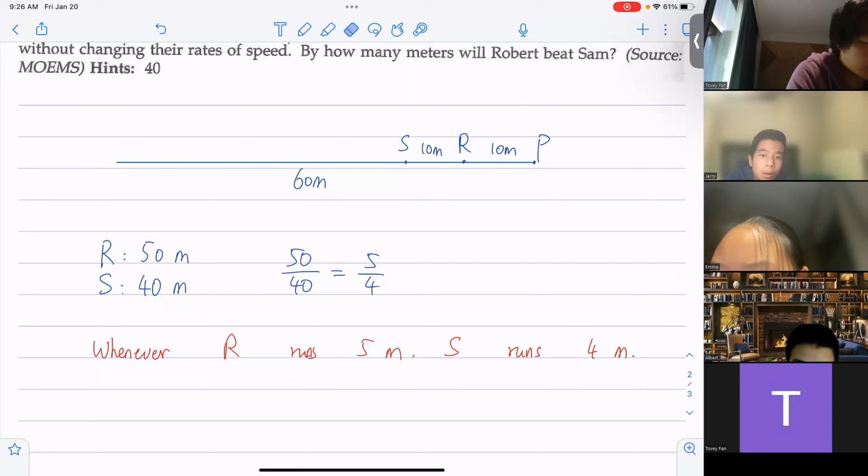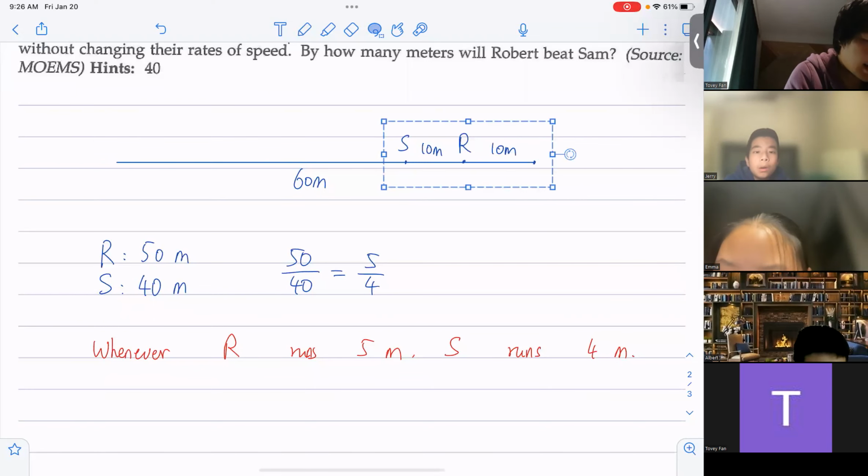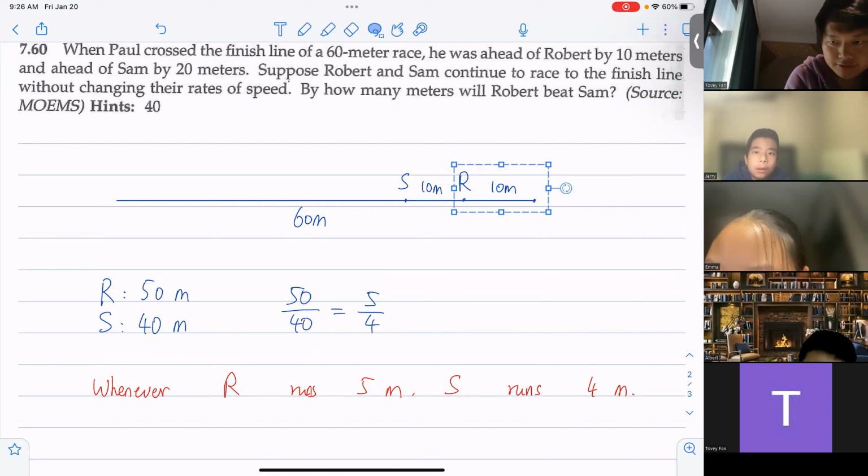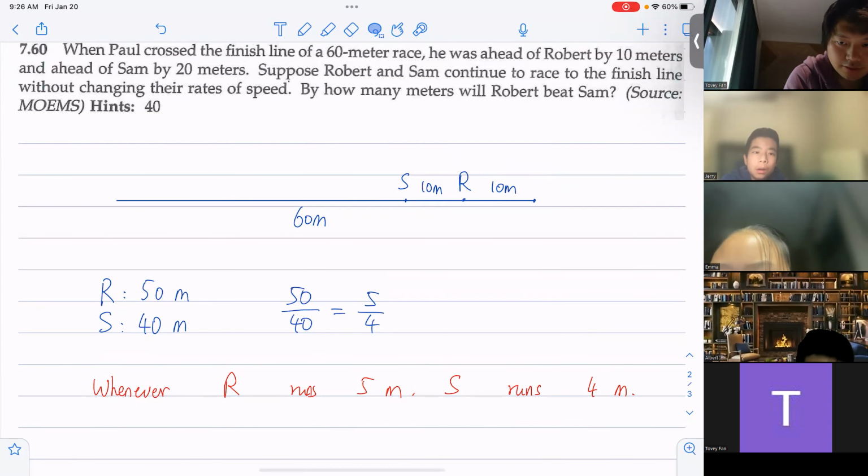Now Paul is out of the picture, right? Paul has finished. We just wipe him out. So look at the diagram. The question is asking, when Robert finished the race, how many meters is Sam behind him, right? So the question is, how many more meters does Robert have to cover? When Paul finished, Robert was 10 meters behind, right?